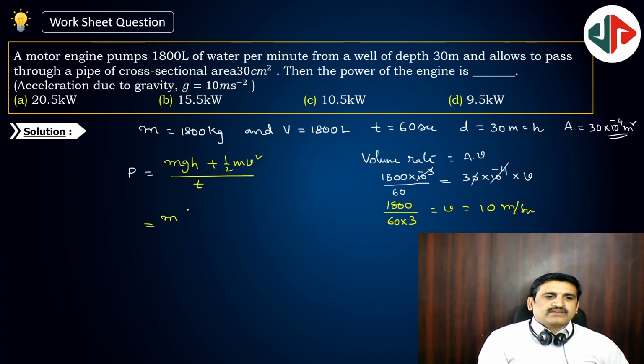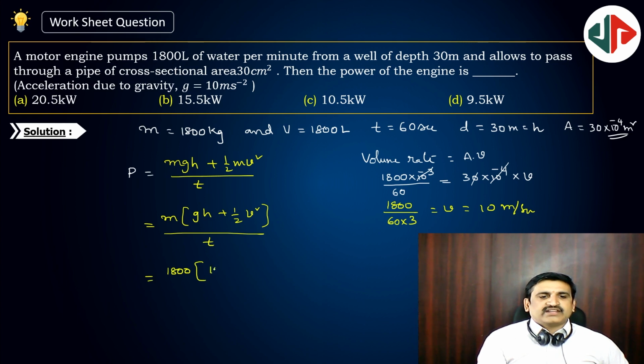Total work done, m can be taken common, so that gh plus half v square by t. m 1800 into g 10, h 30 plus half v square 100 by t is 60. 60, 0 will go, 6 3s are 18, 30 into, this is 300 plus this is 50.